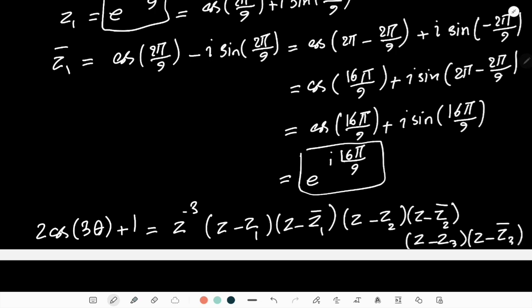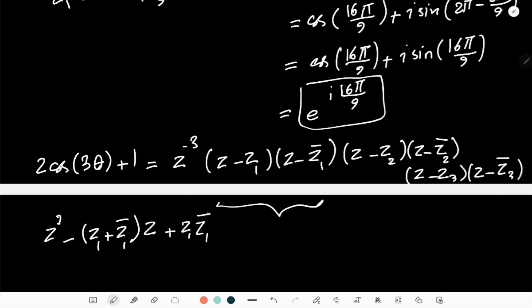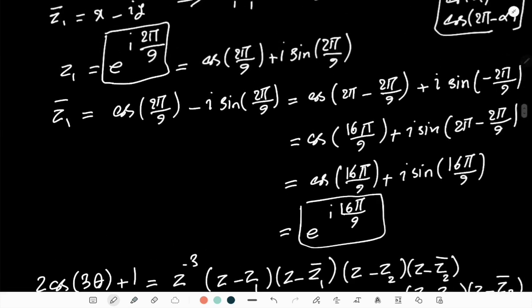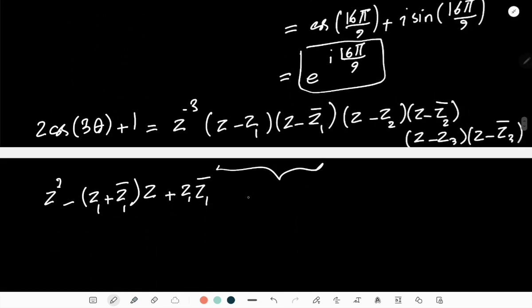And the first two parentheses can be simplified in a very nice way, because if you expand that, basically you get z squared minus z1 plus z1 complex conjugate times z plus z1 bar, and the sum of two complex numbers which are complex conjugates is basically 2x, right?